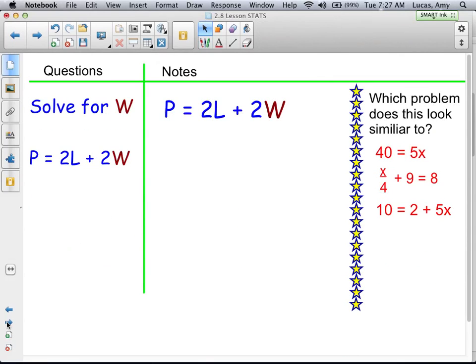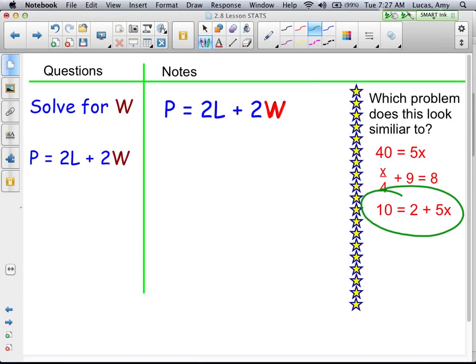Our next equation, you may or may not know this one. This is the formula for the perimeter of a rectangle. Perimeter equals 2 times the length plus 2 times the width. The problem it's most similar to is down here on the bottom, where we've got a two-step equation, because on this problem, we are trying to get the W by itself, and if you take a look at where I've got my train tracks, the 2W, we have a plus 2L also on that side.